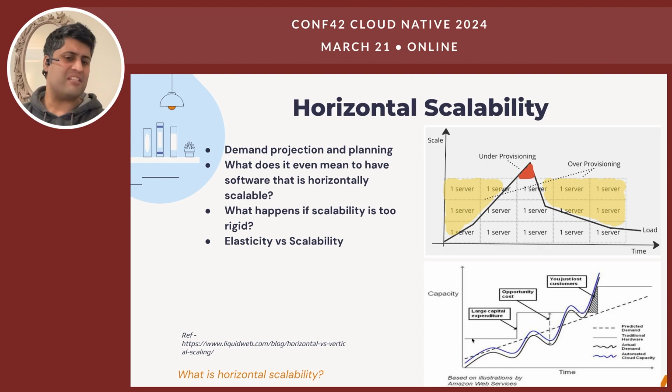But in reality, that's not how the world works, right? There are always these step increases. Anytime you go and get a new server, you have to jump up a step. You might have to make a capital expenditure if it is on premise, or in the cloud, you can just provision a new server. And finally, you can also start reducing your traffic, and you might have to get rid of servers. Again, that is something that you have to worry about.